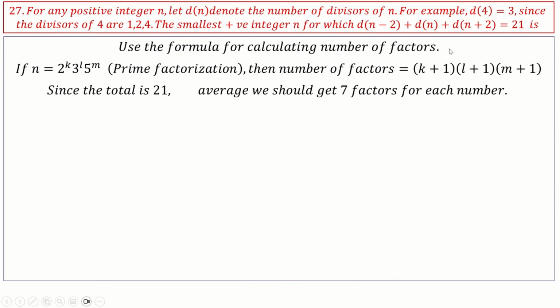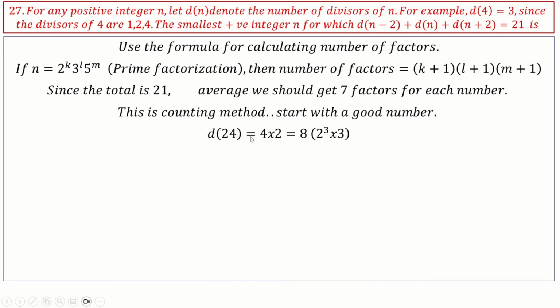Since the total is 21, you take 21 by 3; on average you should get 7 factors each, so you choose a number wisely. I am choosing 24, which I can write as 2 cube into 3, so 3 plus 1 into 1 plus 1, which is 4 into 2, which is 8. 8 factors are there.